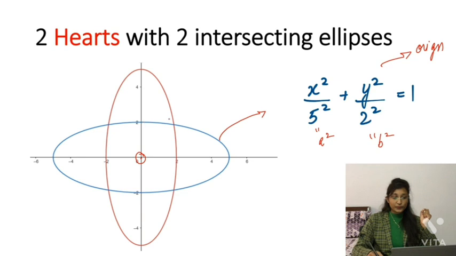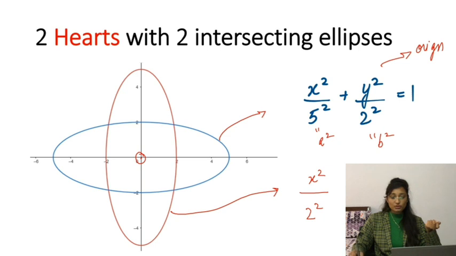Now another ellipse has been formed in the same manner, interchanging our major and minor axis units, that is x square by 2 square plus y square by 5 square equal to 1. So how have two hearts been formed here?